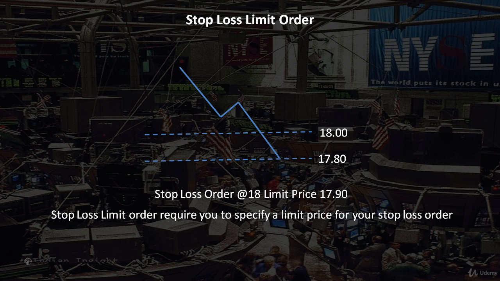So for example, if prices suddenly move to 17.8 before your order can be executed, then the broker will not sell your stock at 17.80 and would instead wait for prices to come back to at least 17.90 so that he can get you out.